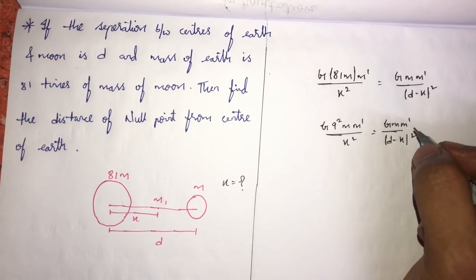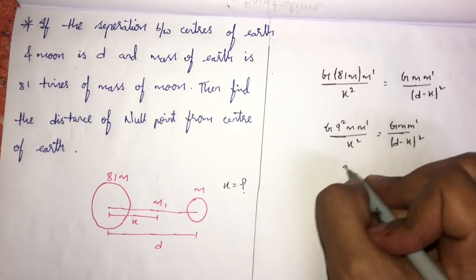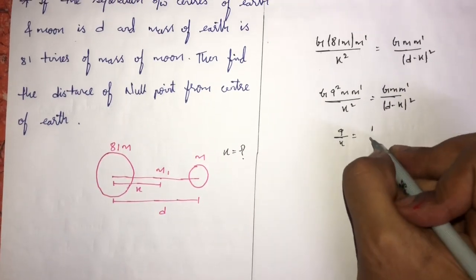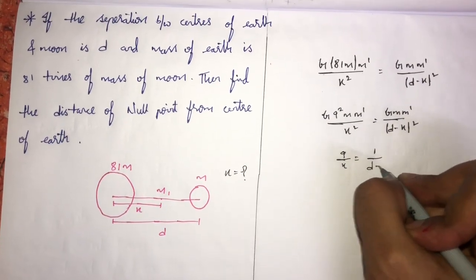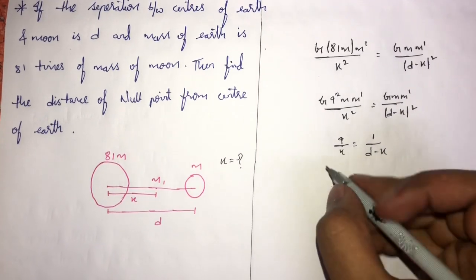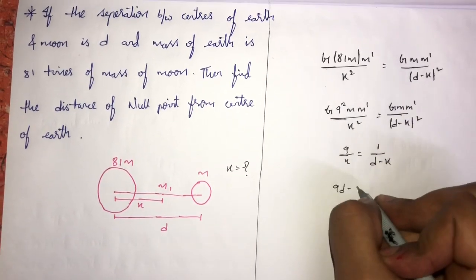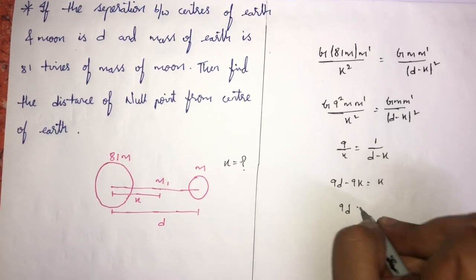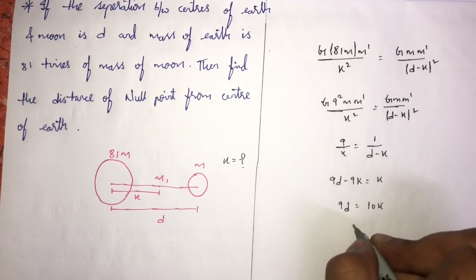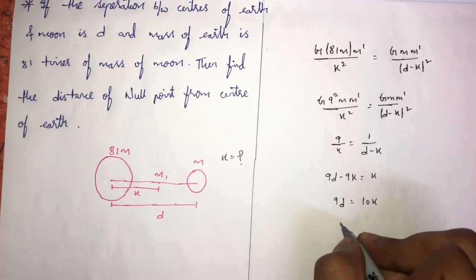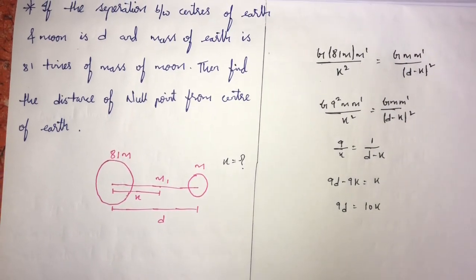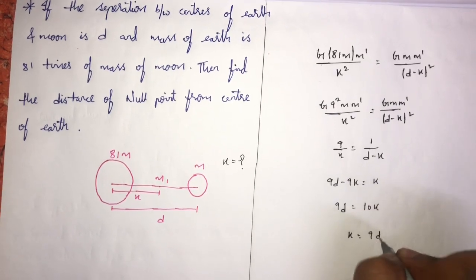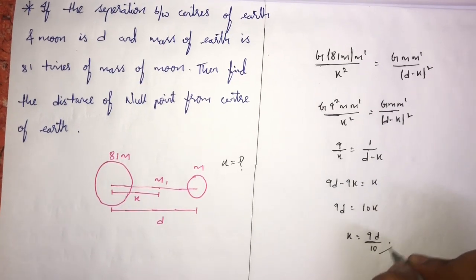Now I will write 81 as 9 square, so I can cancel squares on both sides. Then finally we are left with 9 by x is equal to 1 by d minus x. So 9d minus 9x is equal to x. 9d is equal to 10x. Then finally the value of x, that is the distance from the center of the earth to the null point, will be equal to 9d by 10.